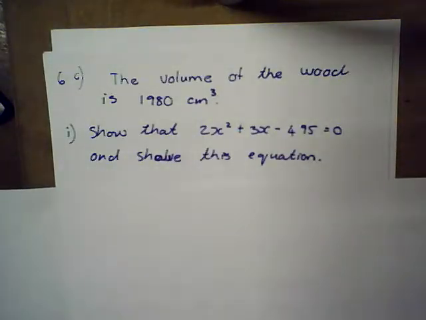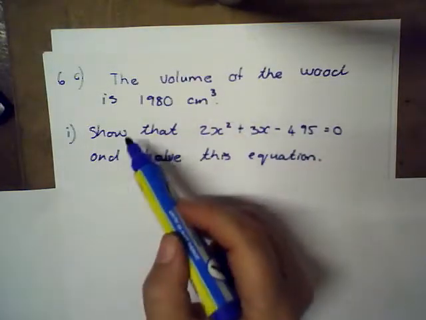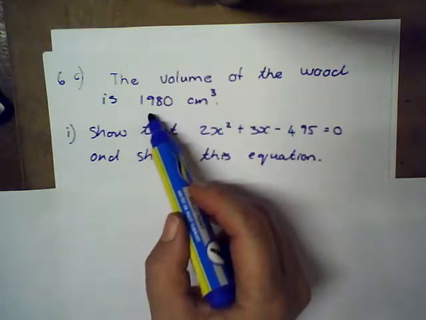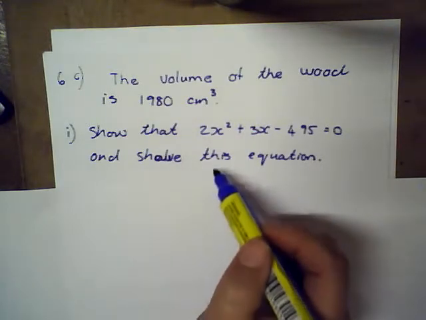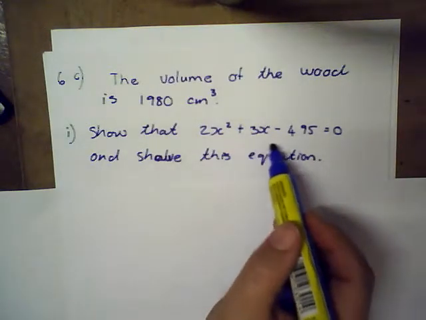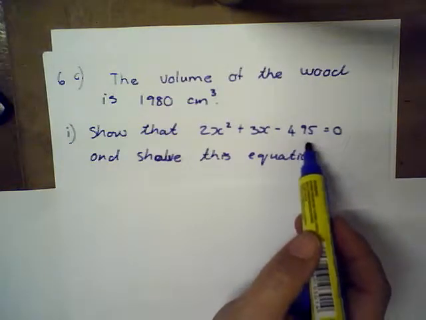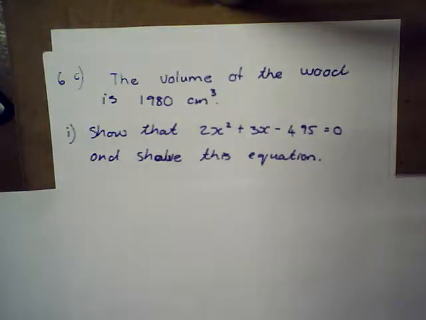Okay. Good question. We're still with question 5. Now if I say the volume of the wood is 1,980 centimeters cubed, show that 2x squared plus 3x minus 495 equals 0 and solve this equation.